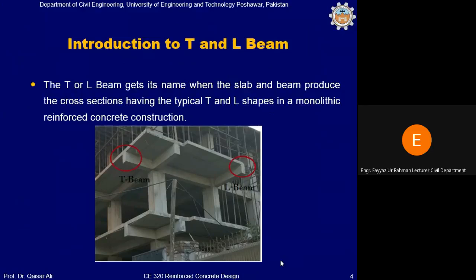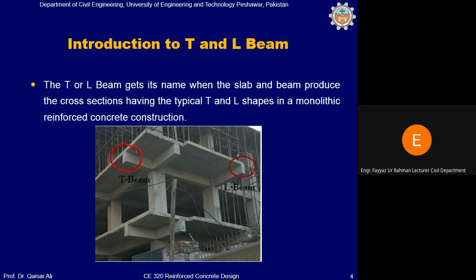The T or L beam gets its name when the slab and beam produce the cross sections having the typical T and L shapes in a monolithic reinforced concrete construction. So what does it mean? In a reinforced concrete building, the beams will always be T-shaped or L-shaped beams. If it is an interior beam like this, it will be a T-shaped beam.